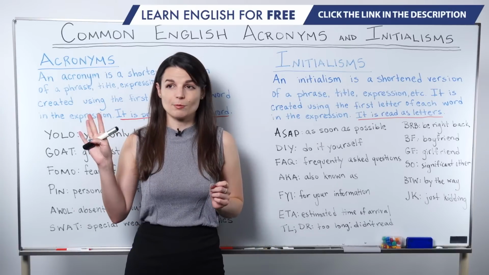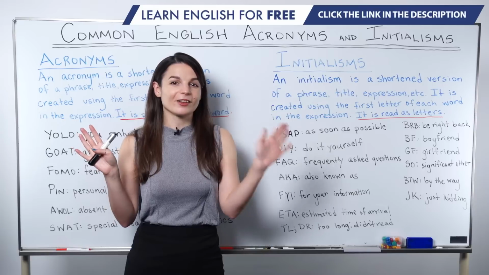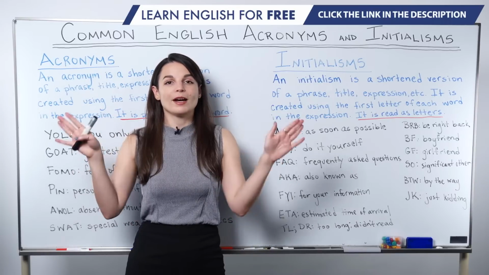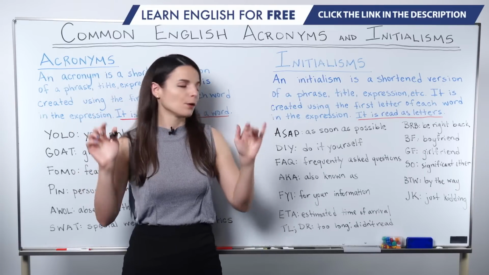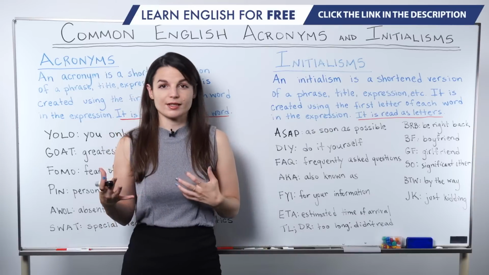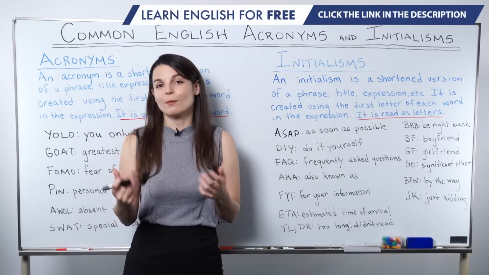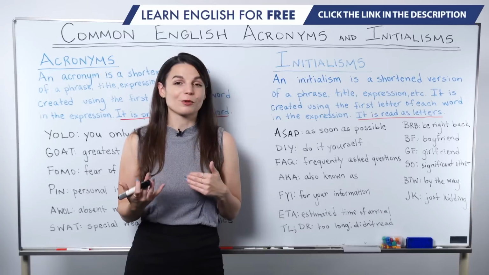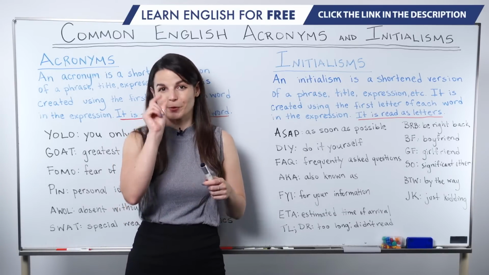For example, Superman, AKA Clark Kent. So Superman and Clark Kent are the same person, but this one person has more than one name, right? So we use AKA to express that. Superman, also known as Clark Kent. So when we want to talk about someone's other name or another way that you might know that person, you can use AKA to do that in a short way.